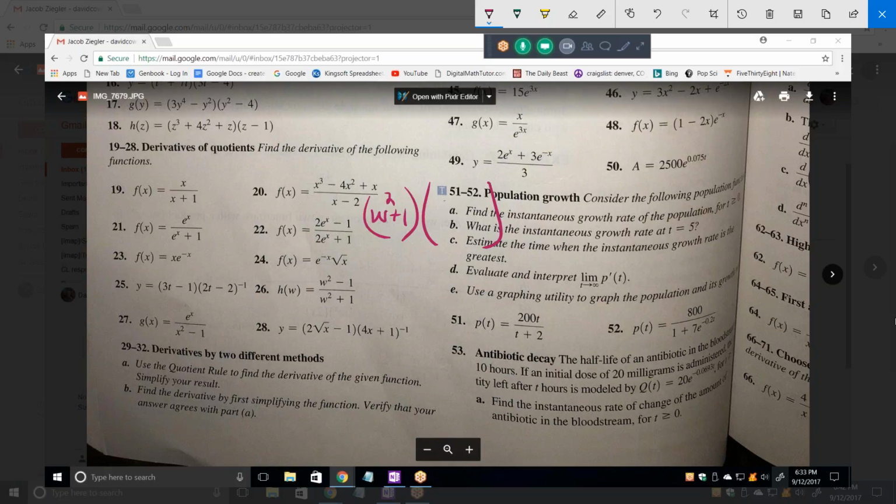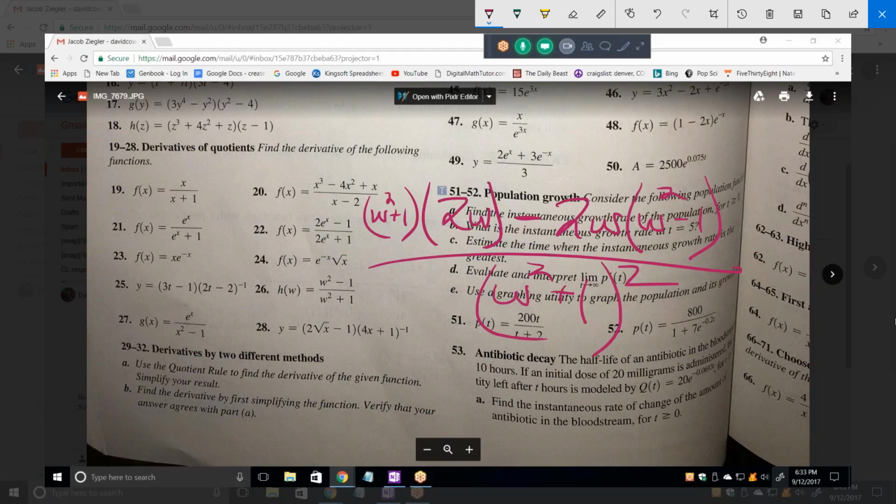No, 2w minus 2w again times w squared minus 1, all over w squared plus 1 squared. Okay, simplify the top.